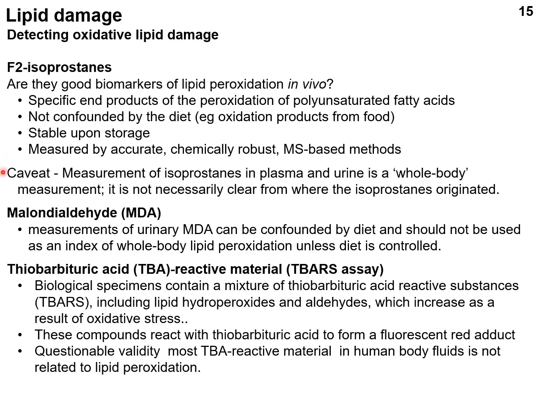Now, I would have a bit of a caveat on this. When we're looking at humans, most of the time the isoprostanes are measured in plasma, extracted from blood, or in urine. So these provide a whole body measurement, and it's not necessarily clear where in the body the isoprostanes are being generated. But as I indicated before, isoprostanes are considered to be the gold standard for measuring lipid peroxidation.